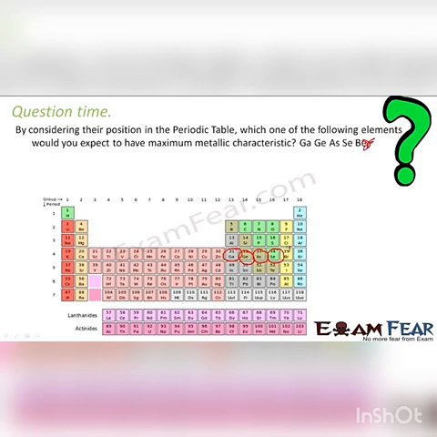So we know that the non-metallic character increases as we go from here to here, right? We explained that. So this one will be the maximum non-metallic. Why? Because the non-metallic character increases as we go from left to right in the periodic table. And we've explained that.